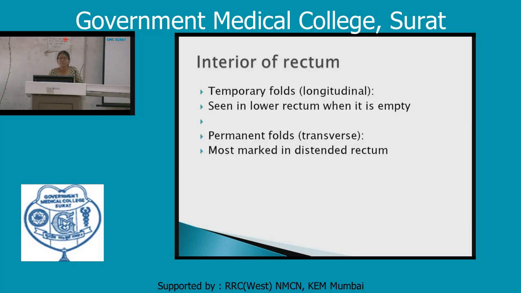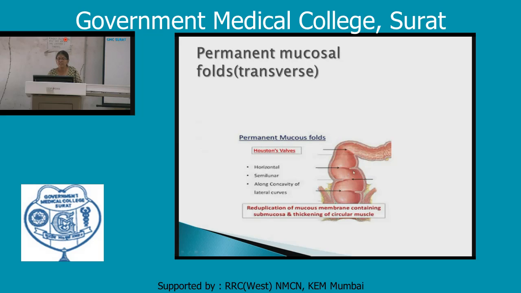Now, which are these folds? We can see this is the upper lateral curvature, middle lateral curvature. Opposite to the curvature, these permanent mucosal folds are there. So this is upper, middle, and lower. This is upper from the left wall, this is middle from the right wall, and this is lower again from the left wall.